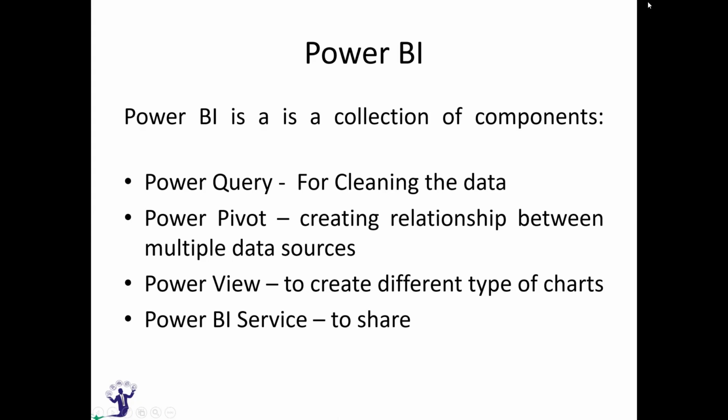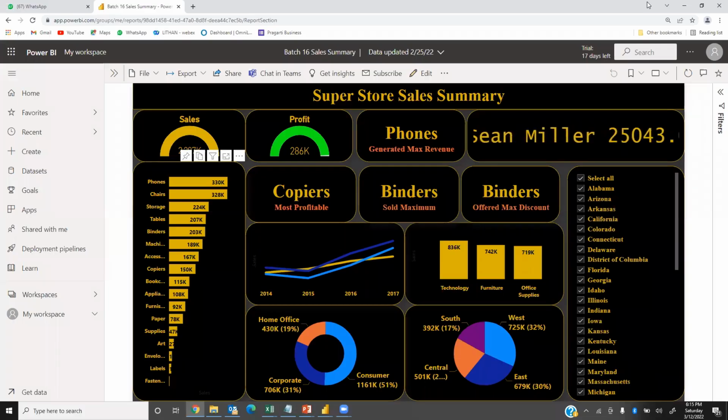If your data is not ready for the visualization, Power Query will help you to make the data ready for the visualization. Then we have something known as Power Pivot, which is used to work with multiple data sources. If your data has been spread across multiple data sources, we can use Power Pivot for that purpose. Power View is used to create the different types of visuals, as you can see over here.